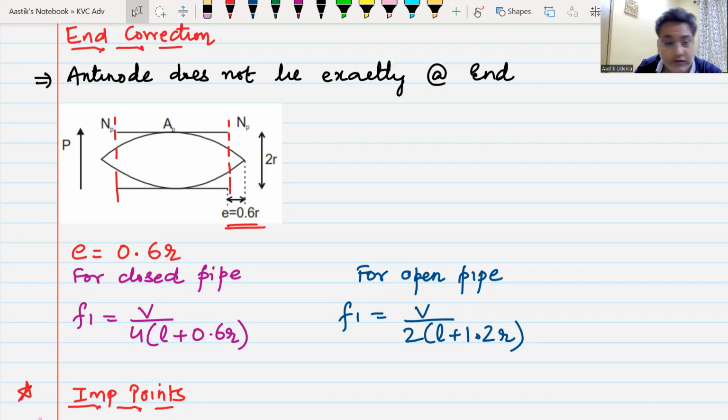Now today we will solve some problems on pipes so that we are able to solve the problems in the exam.